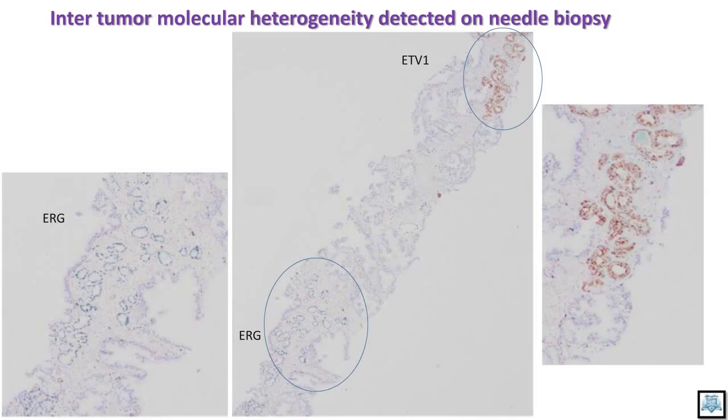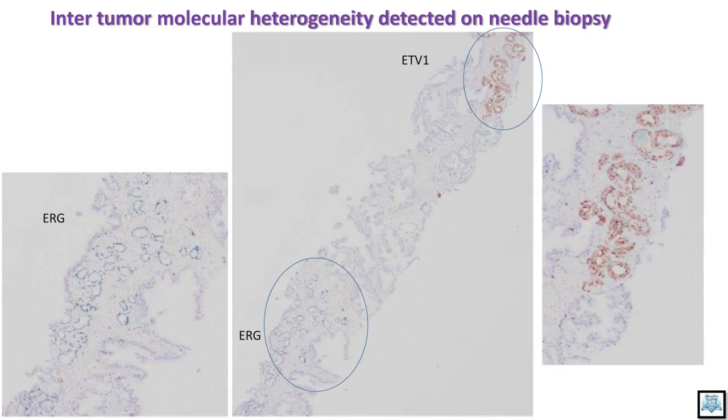Here I am showing an example of intertumor molecular heterogeneity detected in a needle biopsy sample. There is one tumor focus at this end of the biopsy and another tumor focus in this part. We combined both IHC and RNA-ISH, where this focus is positive for ERG and the other tumor is positive for ETV1.